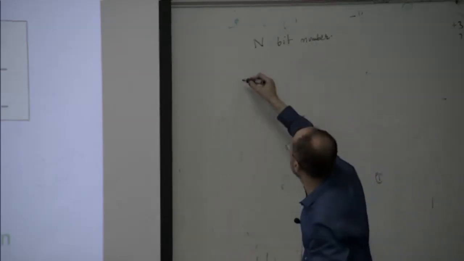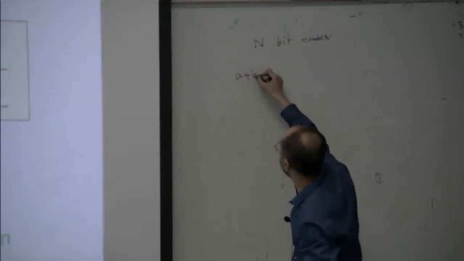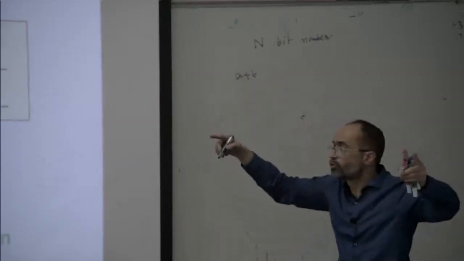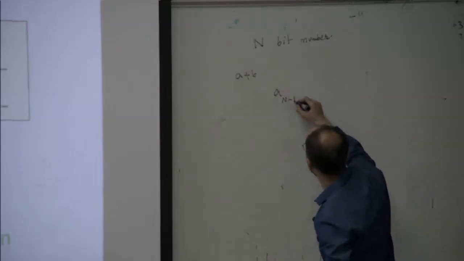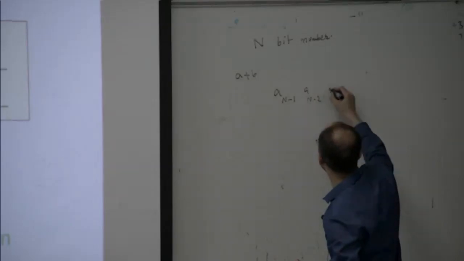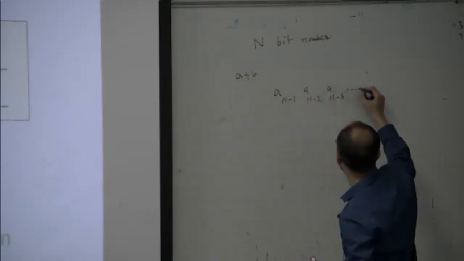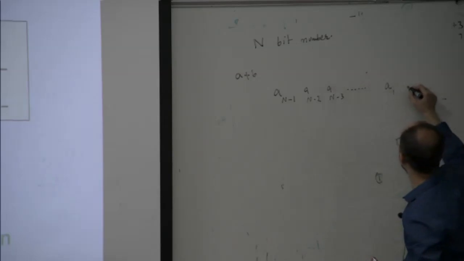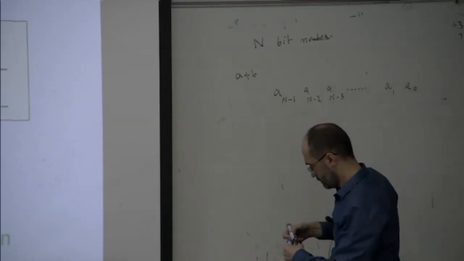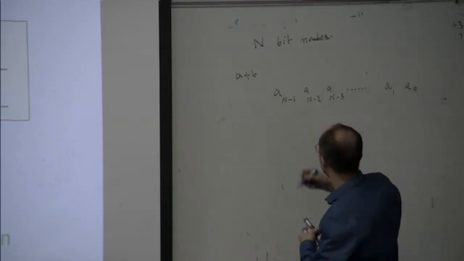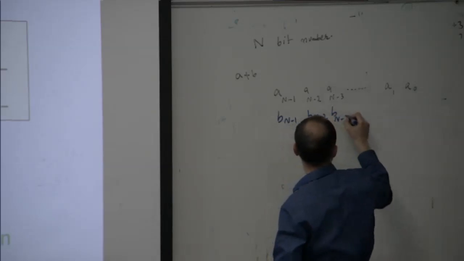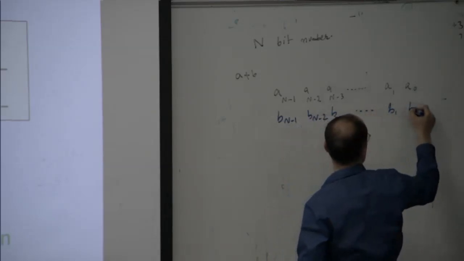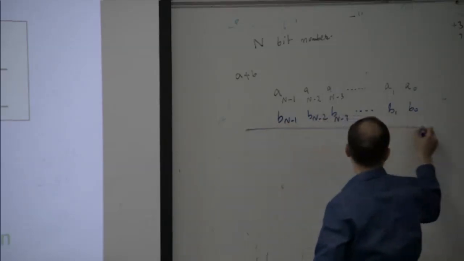So let's assume it is a plus b, and these are 2's complement numbers. So we have a(n-1), a(n-2), a(n-3), and so on until a1 and a0, and then we are adding it with b(n-1), b(n-2), b(n-3) until b1 and b0.